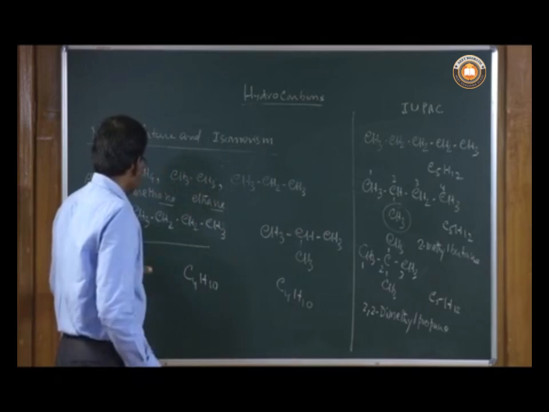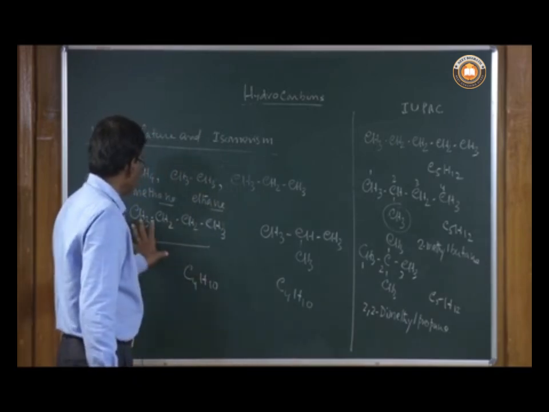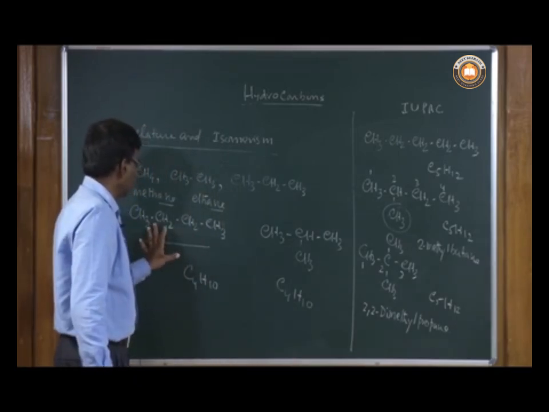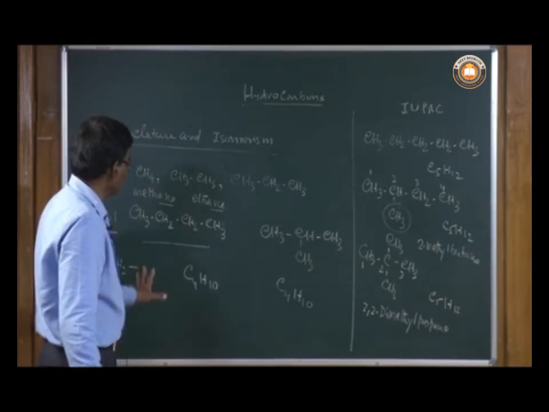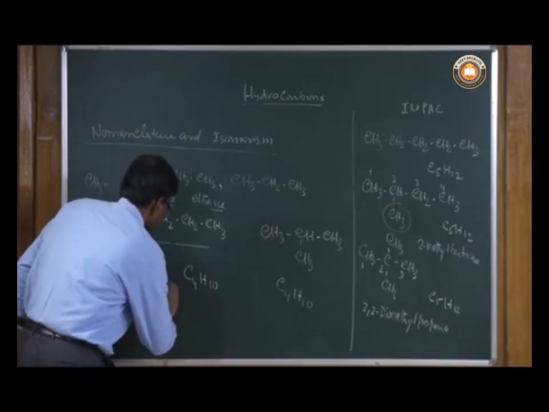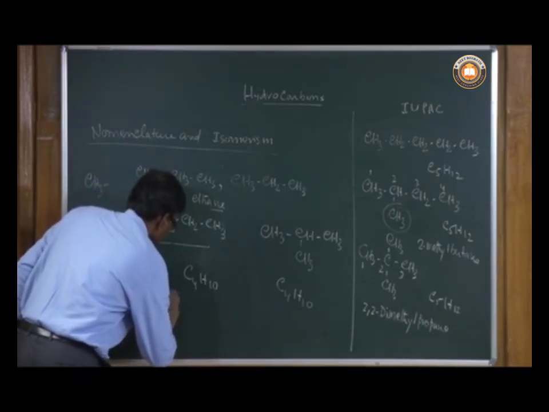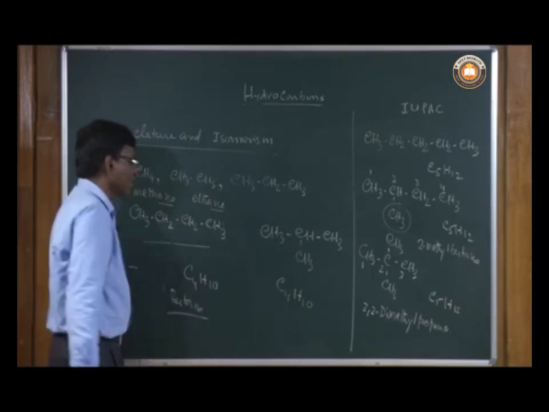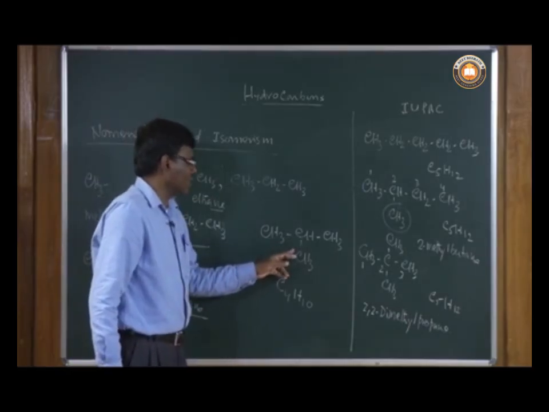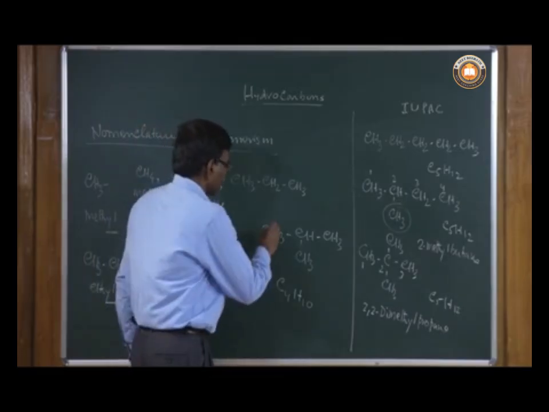Now let us look at this one. In the case of butane, one is a linear structure and another one is a branched structure. This is called butane, there is no problem. Now you have to start numbering the other compound.